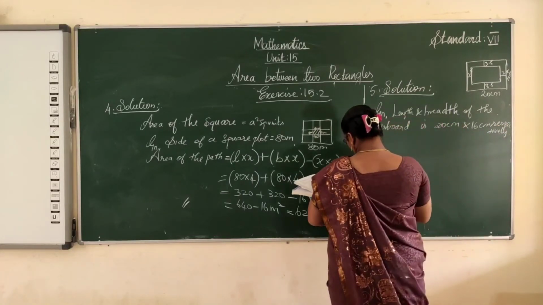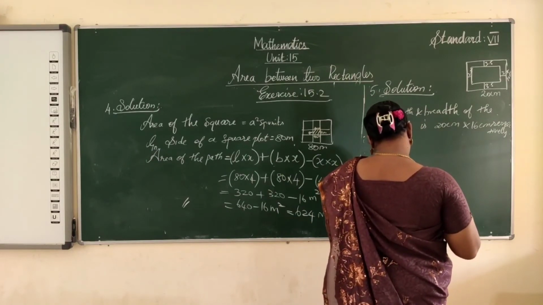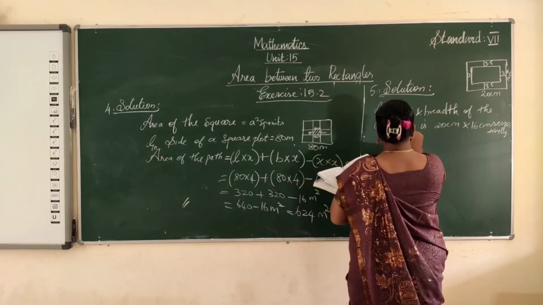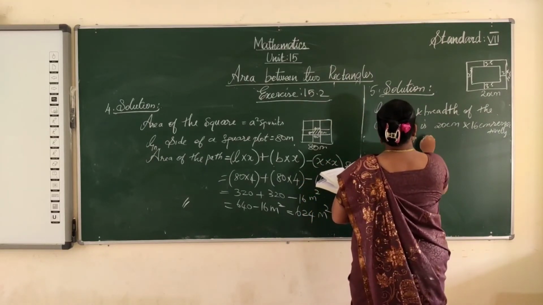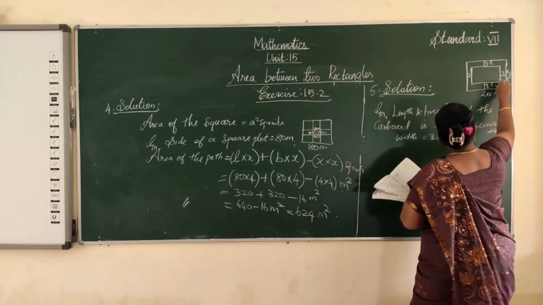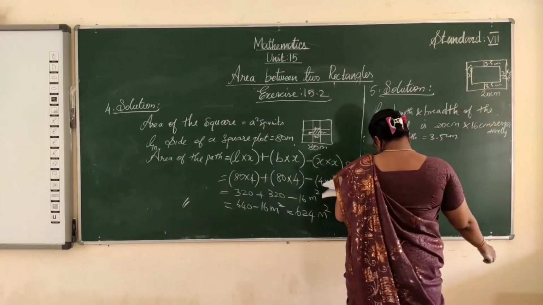Okay, and next one, the width is 3.5. Okay, width is equal to 3.5 centimeter. All measurements in centimeter.